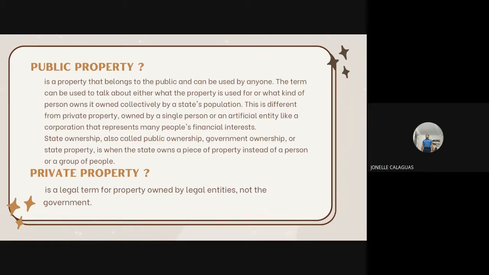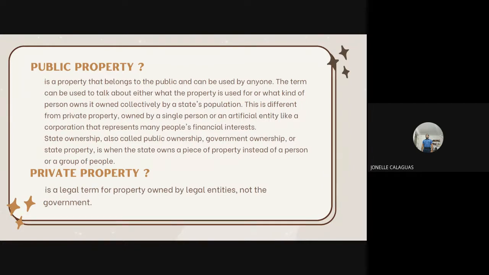This is different from private property, owned by a single person or an artificial entity like a corporation that represents many people's financial interest. State ownership, also called public ownership, or government or state property, is when the state owns a piece of property instead of a person or a group of people.